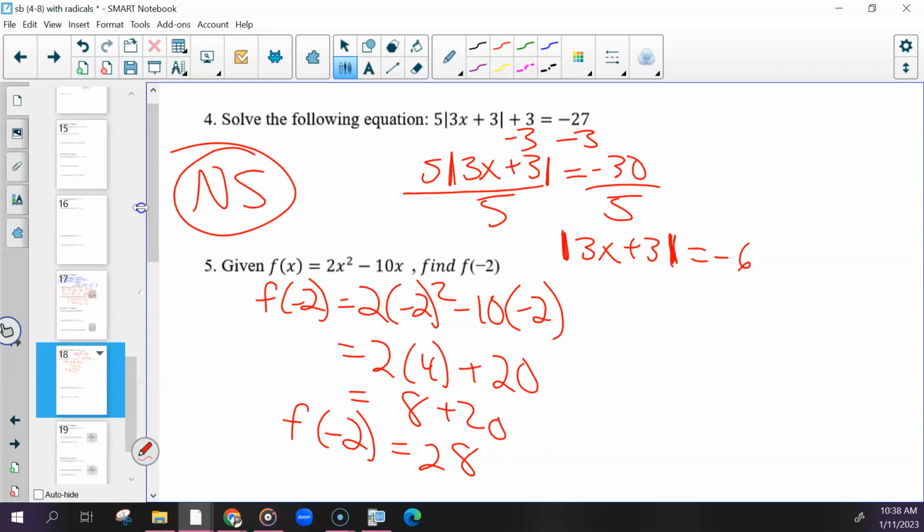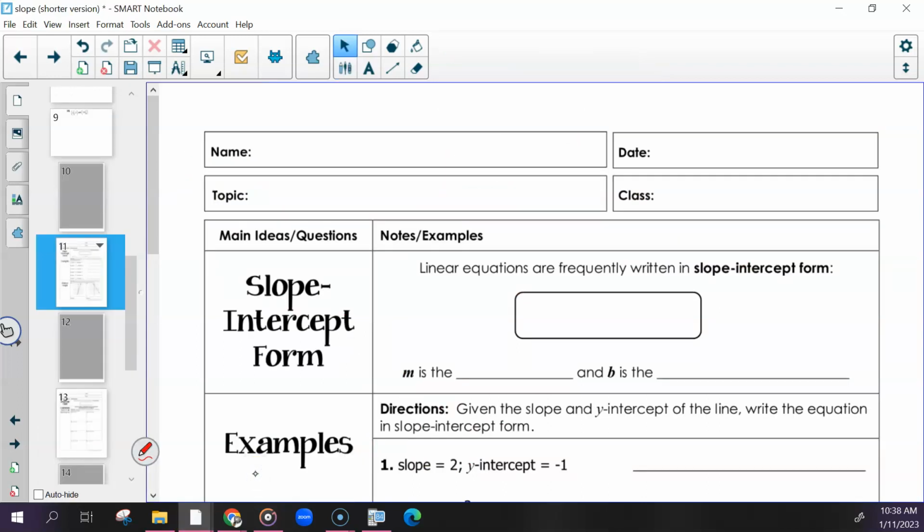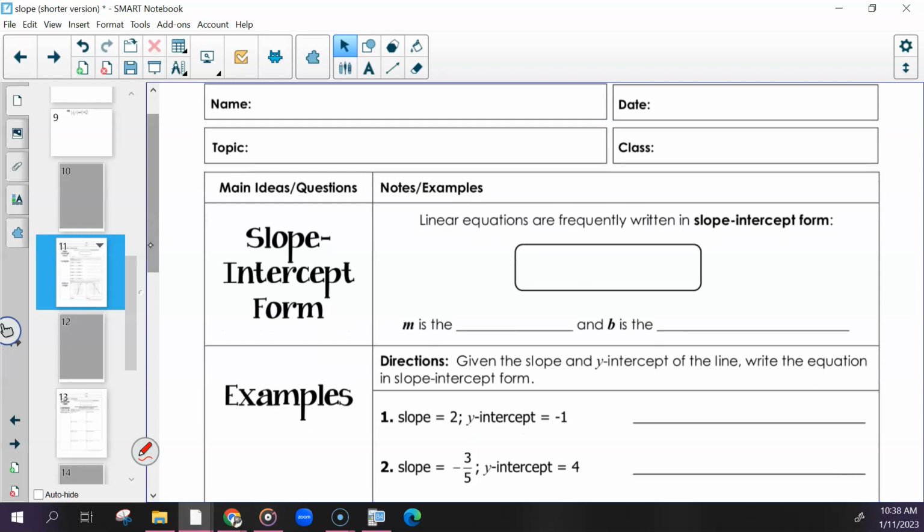Okay. Take out your slope notes if you don't already have them. And find this page. Some of you may have started to realize this last class that eventually we're going to get to slope-intercept form.